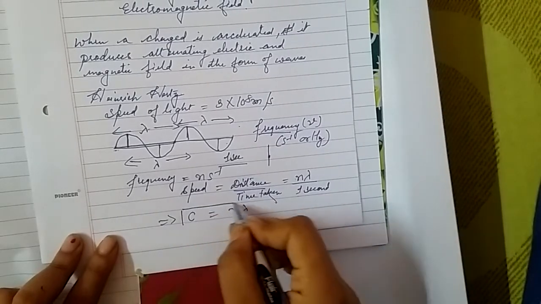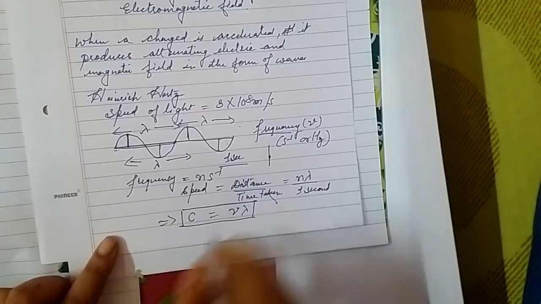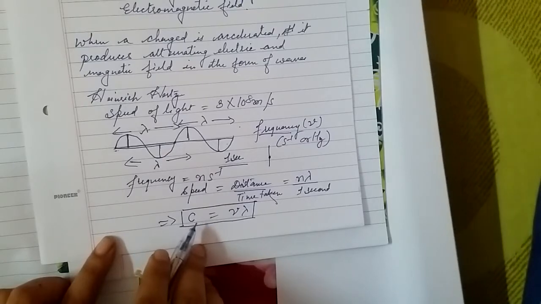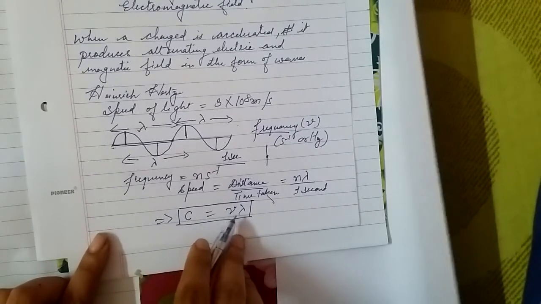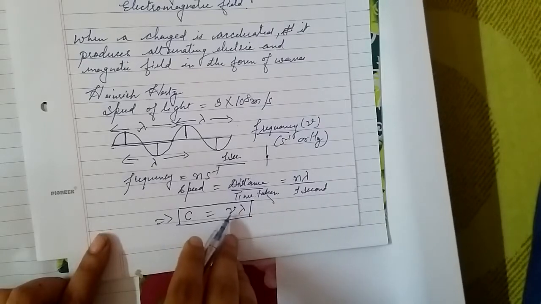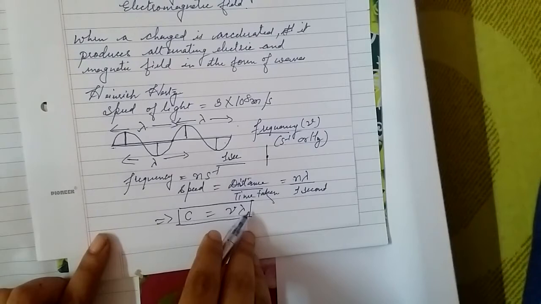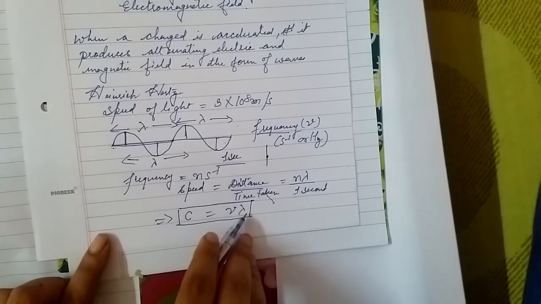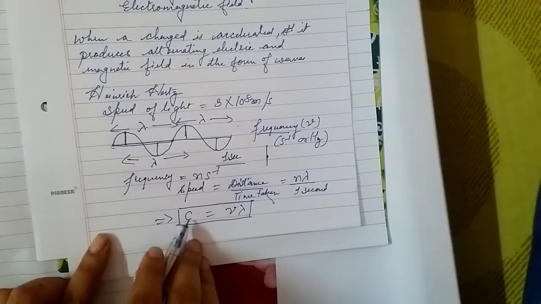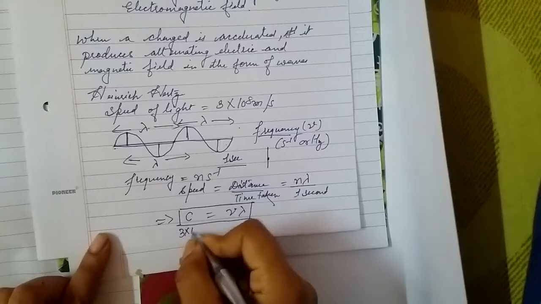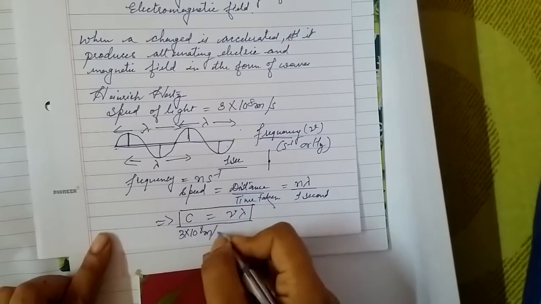So here comes the very famous formula: the speed of electromagnetic radiation, which is the speed of light, is equal to the frequency multiplied by lambda. This way, if we know the value of lambda, we can calculate the frequency, and if we know the frequency, we can calculate lambda, because the speed of electromagnetic radiation is always fixed and is equal to 3 into 10 to the power 8 meter per second.